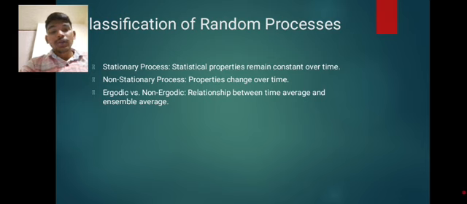In a continuous random sequence, time is discrete and the random variable is continuous. In a discrete random sequence, time and random variables are both discrete.